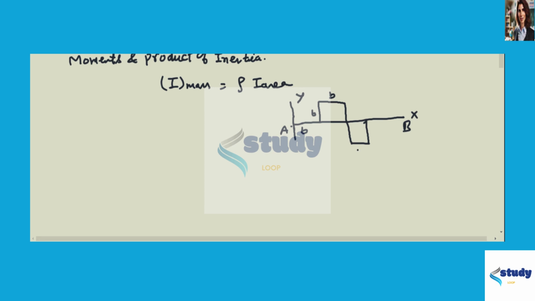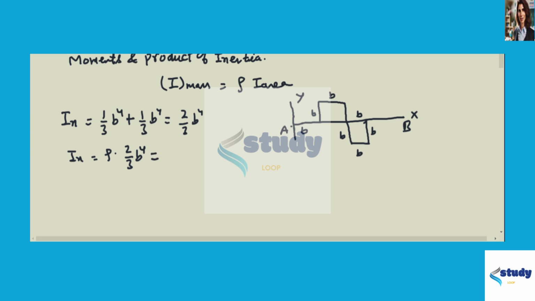So Ix you may write 1 by 3 b to the power 4 plus 1 by 3 b to the power 4, so it becomes 2 by 3 of b to the power 4. So Ix is rho into 2 by 3 b to the power 4.